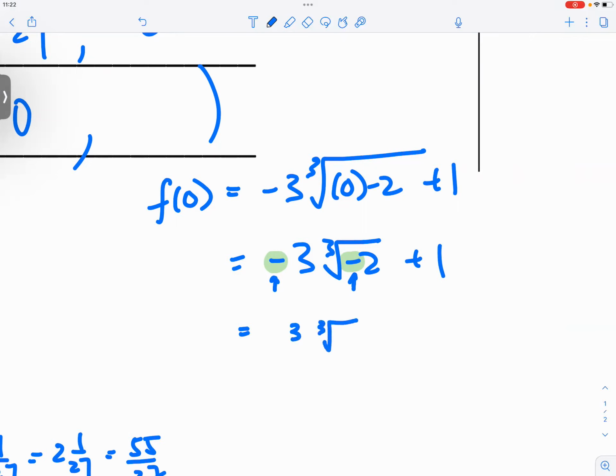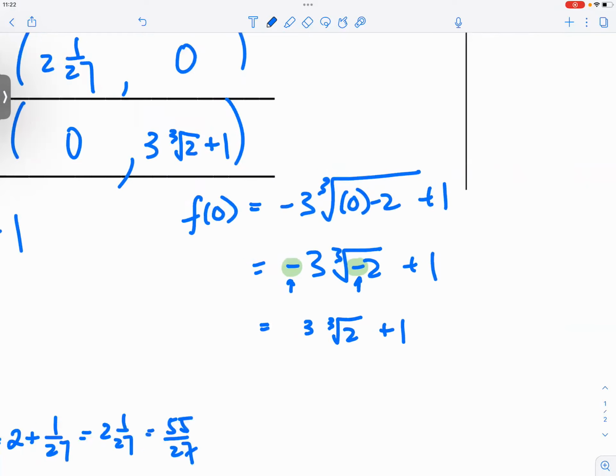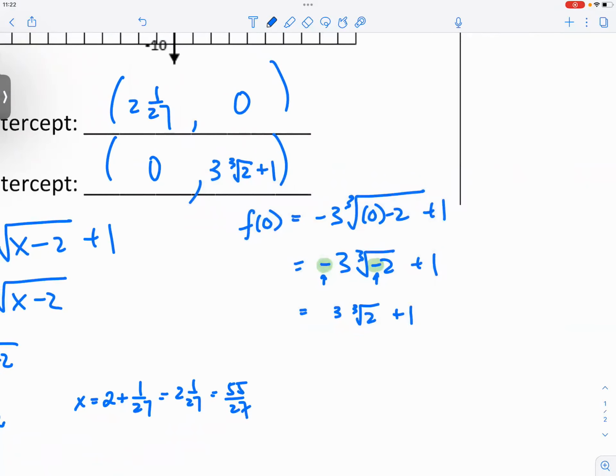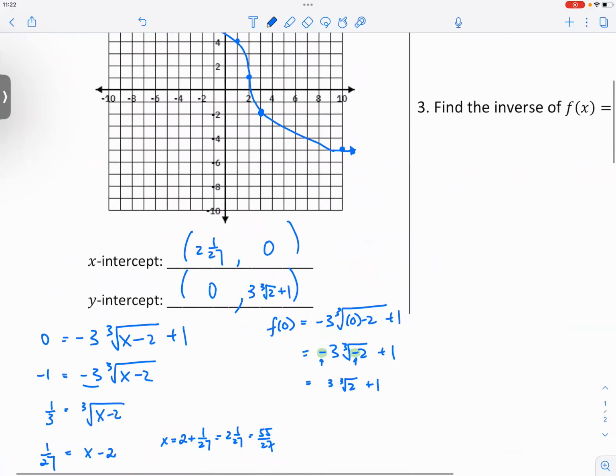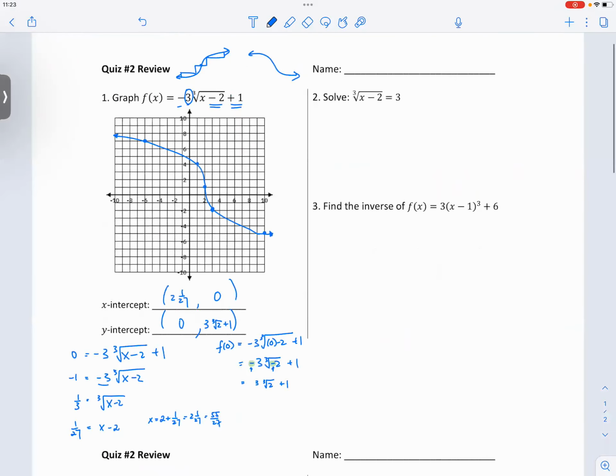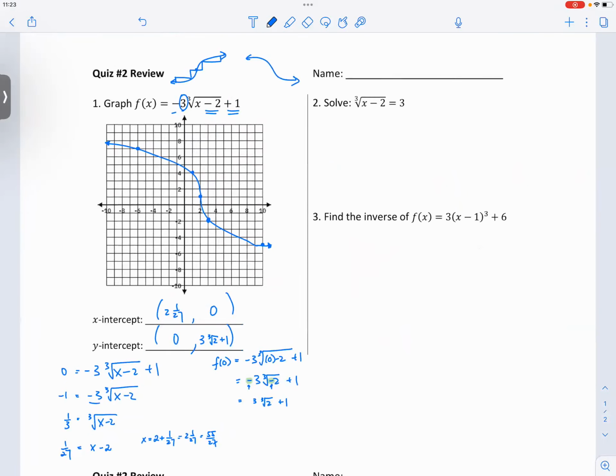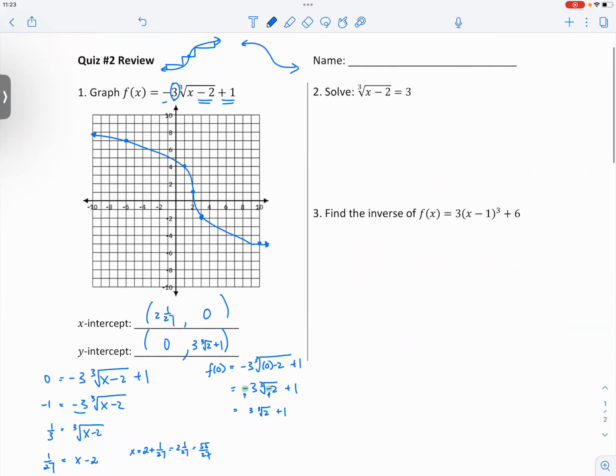So you would end up with 3 times the cube root of 2, plus 1, and that would be the value. Okay, that would be the y value when x is equal to 0. So not a nice number, but it's okay.